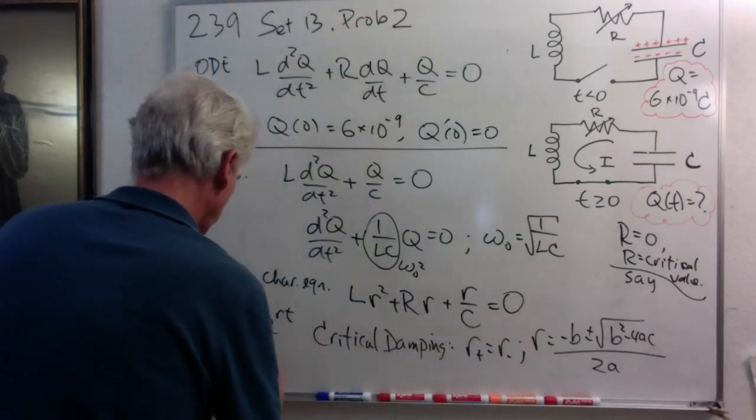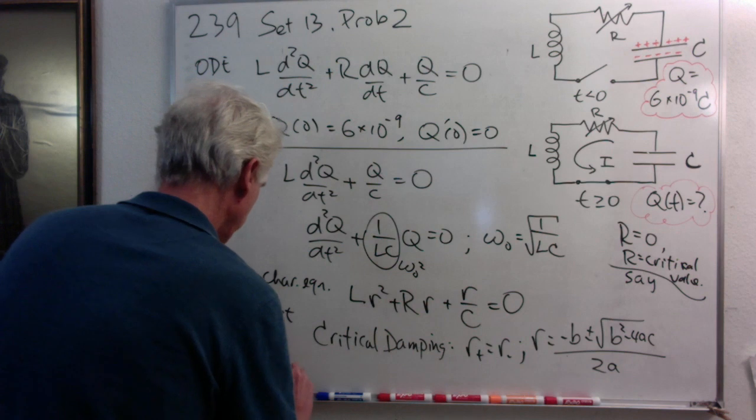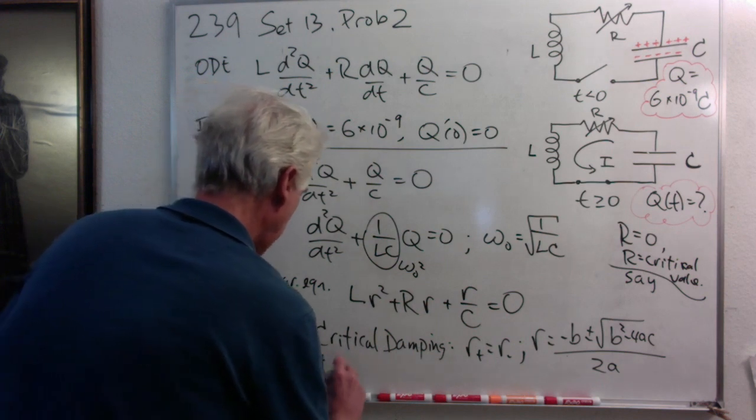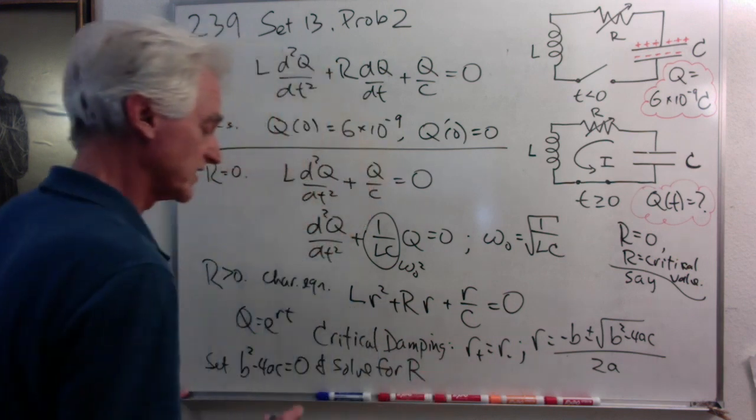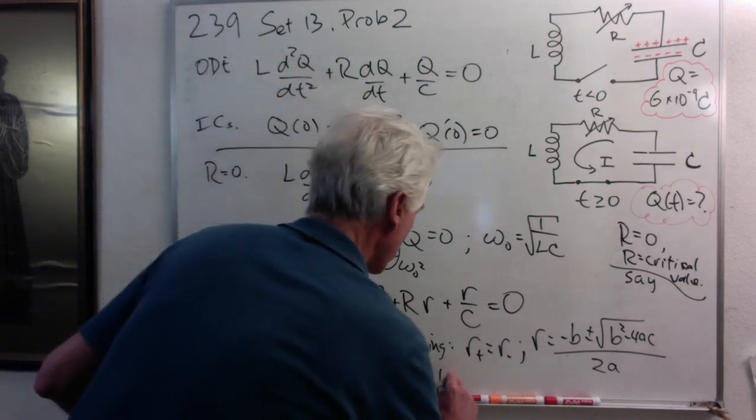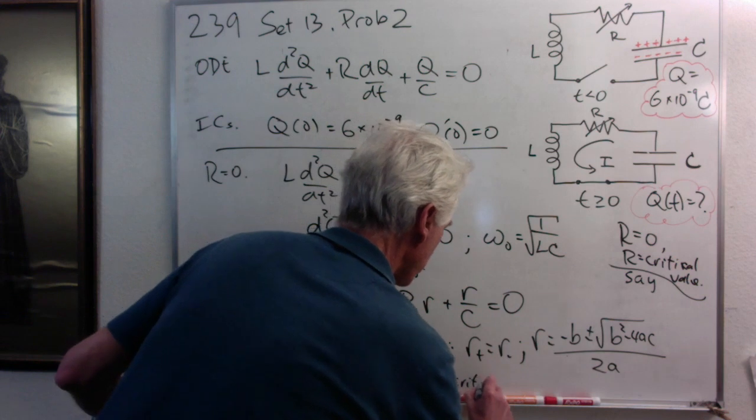You set b squared minus 4ac equal to 0, and solve for R, the resistance, and that's the critical resistance. Okay?